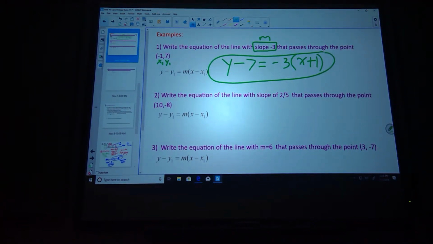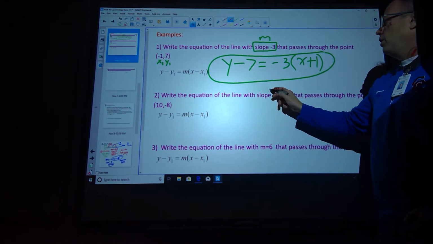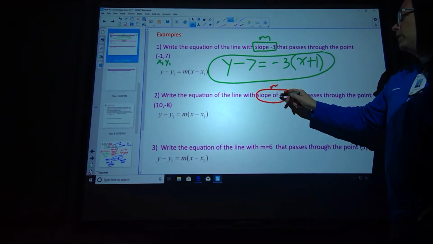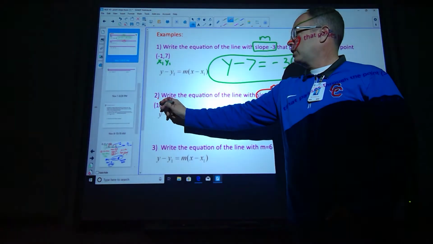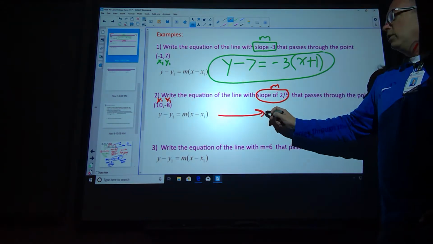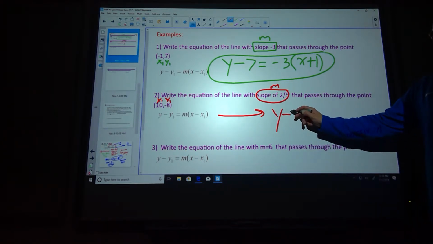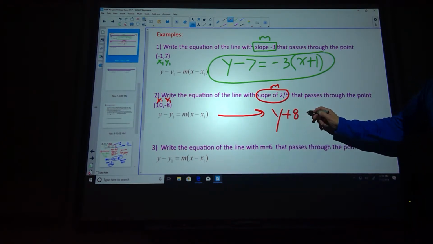All right, so let's try this next one. I have a slope, which is here, so that's m. Agreed? And I have x1 and y1 right here. So let's plug that in. So I get y minus -8. Plus 8. It's plus 8 because it's minus minus. Get it?